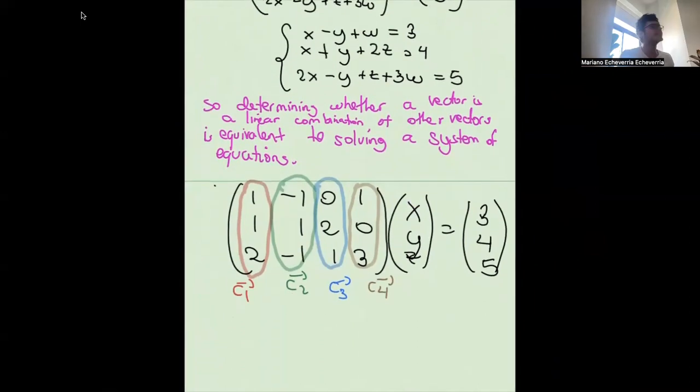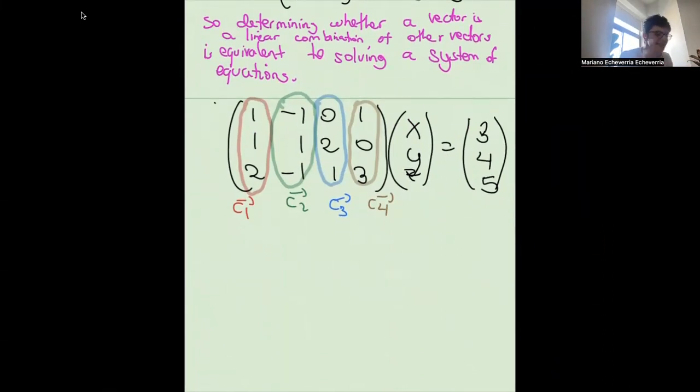So essentially that gives you the method to determine if something is a linear combination or not. You just set up a system of equations where the columns of the matrix are the vectors that you care about. That's the most important thing of what I have said thus far.